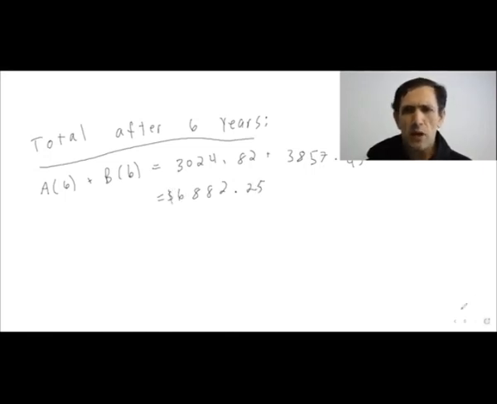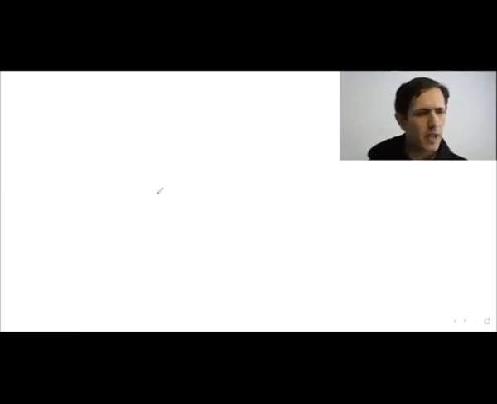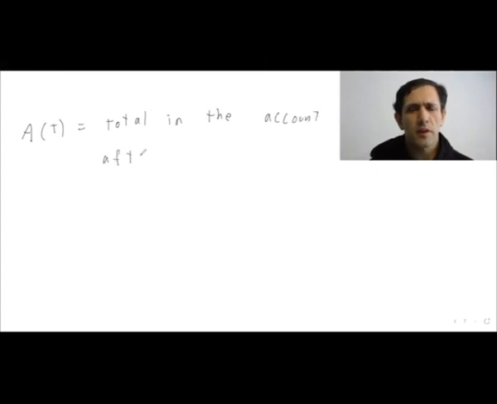All right, so let me do this alternatively. And I'm doing it this way also because this is often how I see people do it on a quiz or exam, and I'm perfectly fine with you doing it this way. So let's just say a of t equals the total in the account after t years.